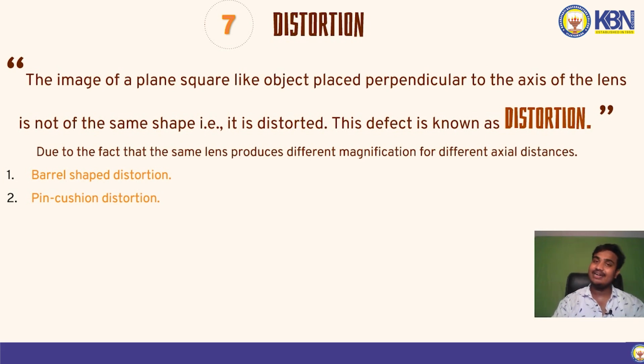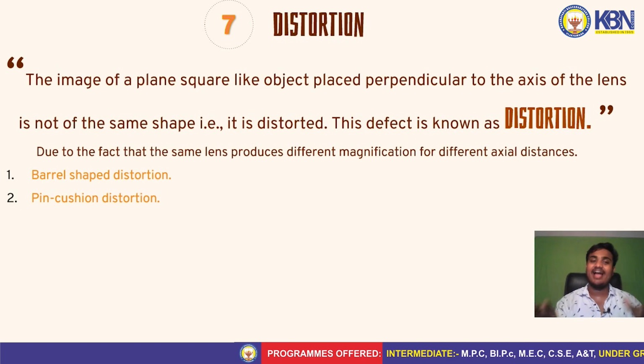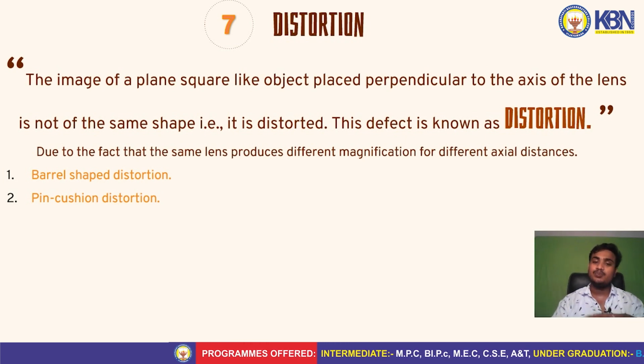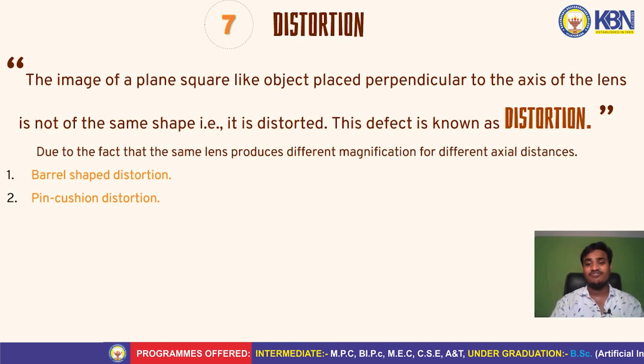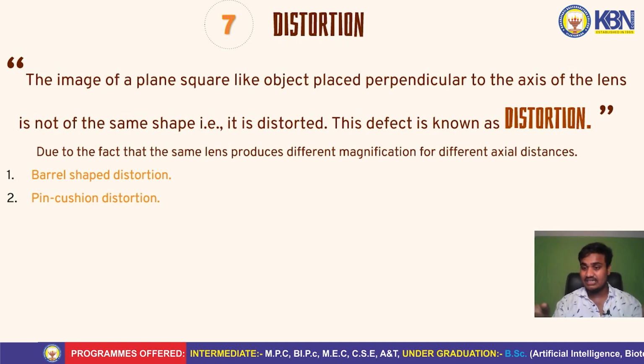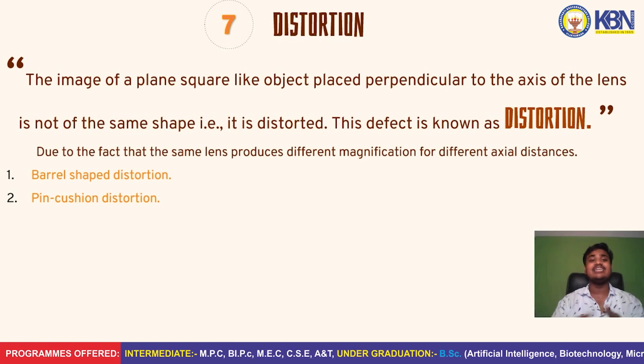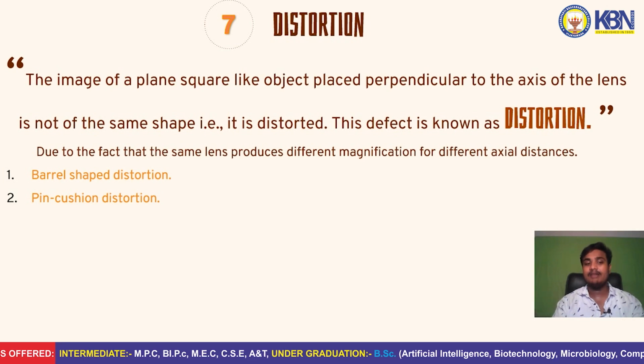That is, it is distorted. This defect is known as distortion. This aberration arises due to the fact that lenses produce different magnification for different axial distances.